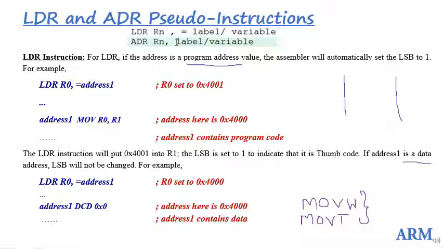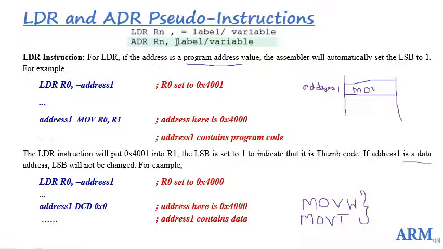So the address of the memory location may be holding a program instruction or data. Now why we need to know whether it is pointing to a program or data is, suppose this address 1 is pointing to a program, say some instruction, a move instruction or whatever. So it's holding some instruction.